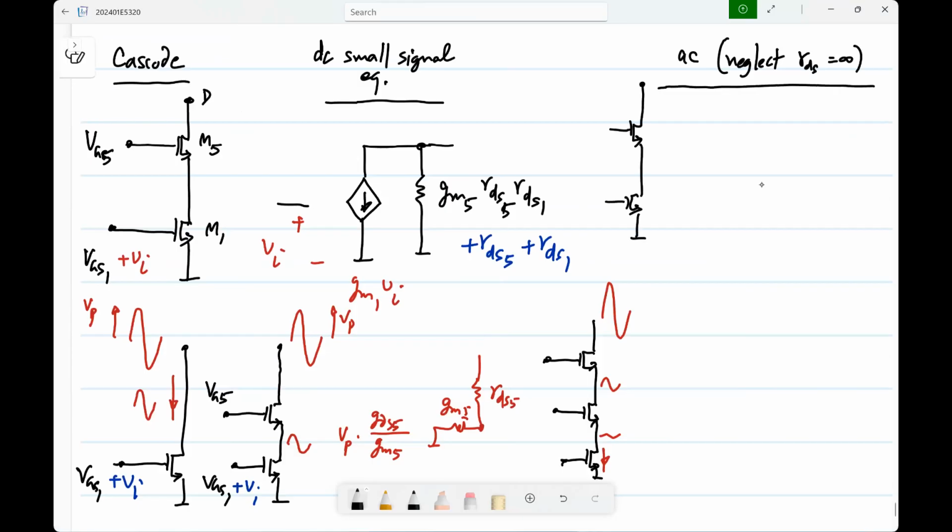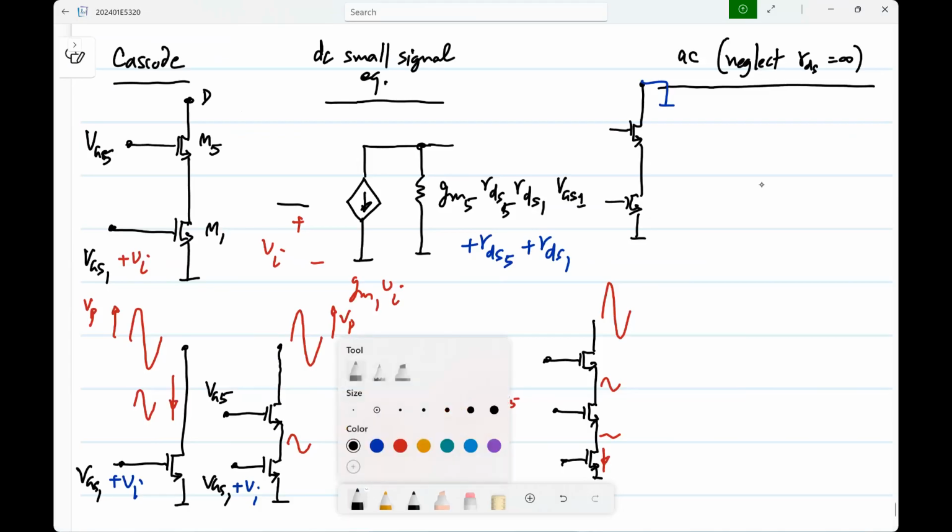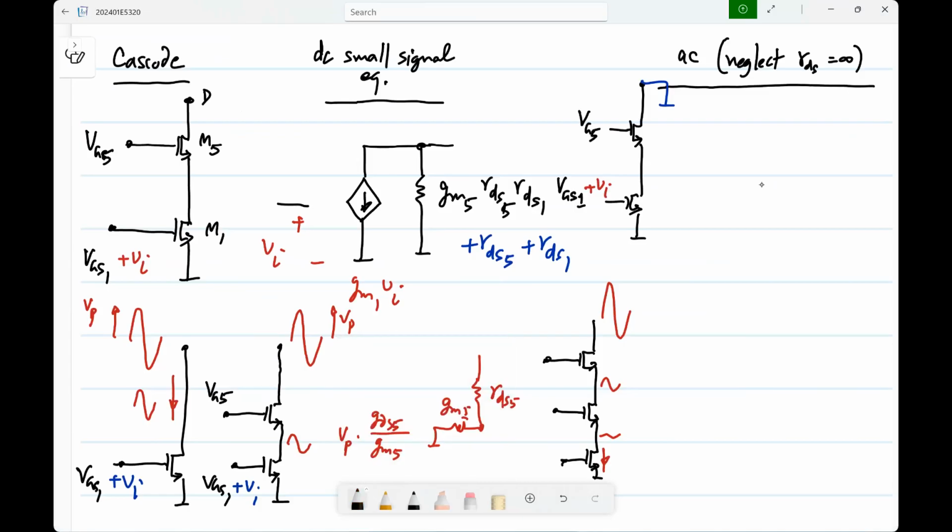So let's say this is terminated in an incremental short circuit. As usual, I have VGS1 plus Vi over there and VG5. So now, what is the dominant parasitic that appears?